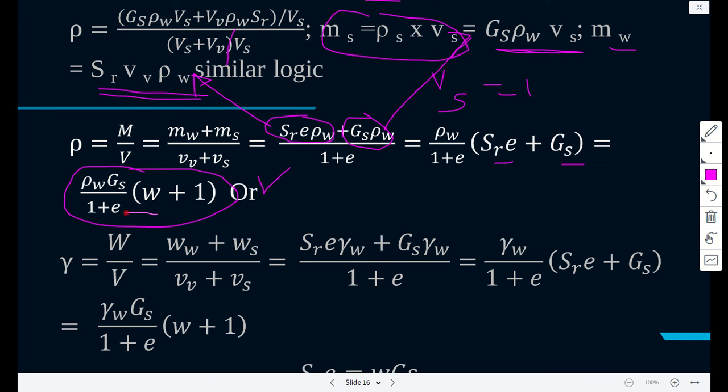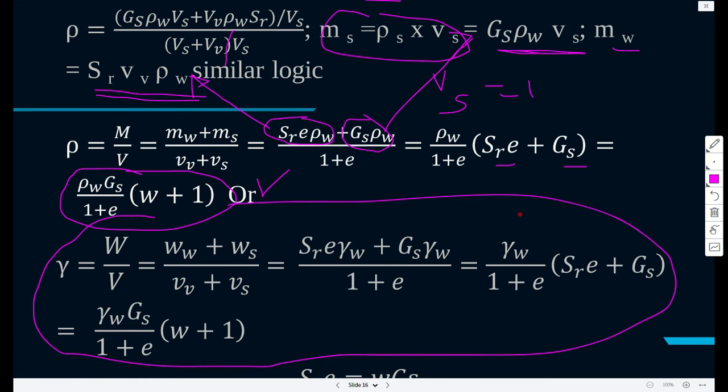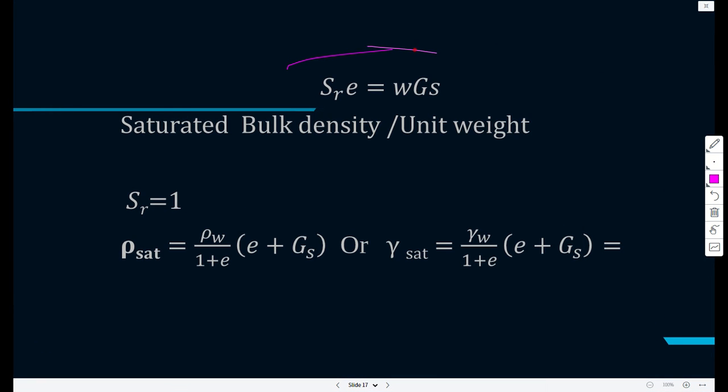This is the same derivation as when you express it in terms of the weight. Any of these you can be told to prove should be straightforward if you think about it.